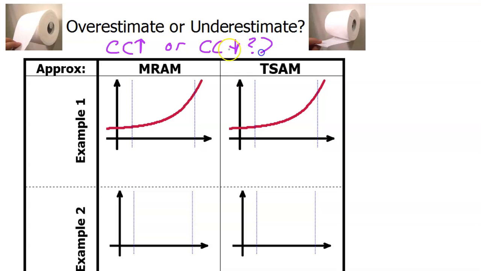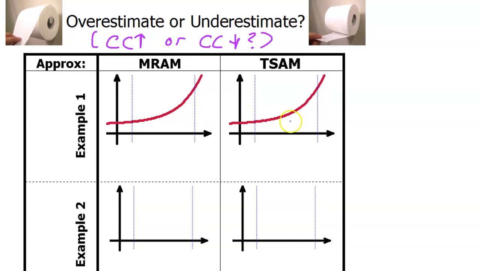So that's what you need to memorize, that for MRAM and TSAM, it depends on concavity. Obviously, in this example 1, these are concave up. So let's do the TSAM. I'm going to come back to the MRAM because the picture doesn't actually help you for MRAM.